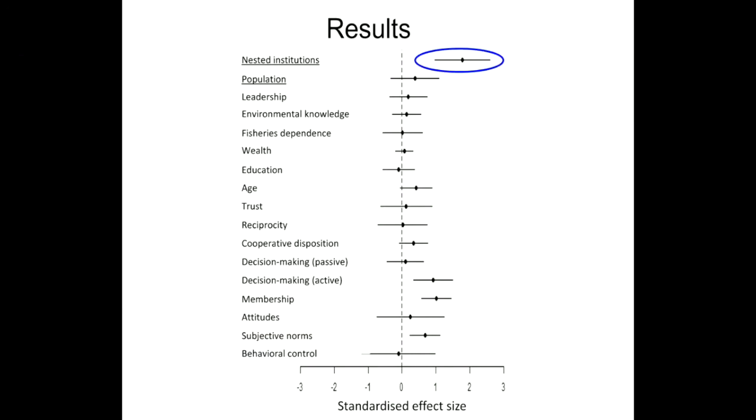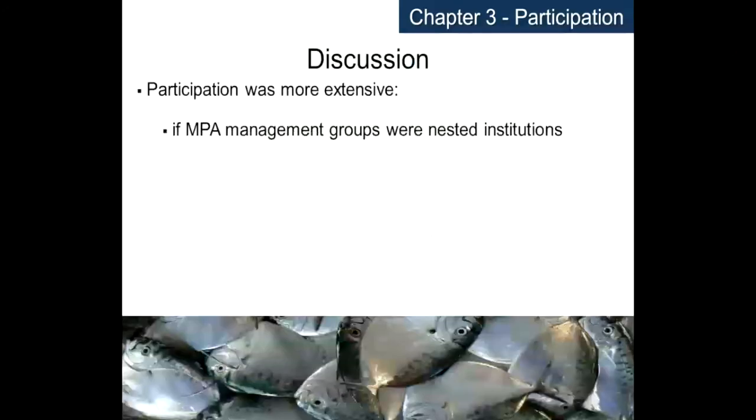And the first was that participation was related to whether the MPA management group was a nested institution. So whether they got support from external institutions. And also participation was strongly related to subjective norms or normative beliefs. And lastly, there was some suggestive evidence, not strong evidence, that participation was related to whether people were cooperators or not.